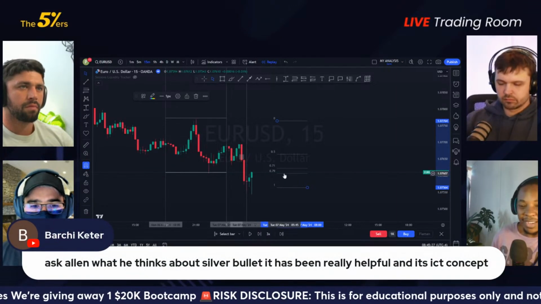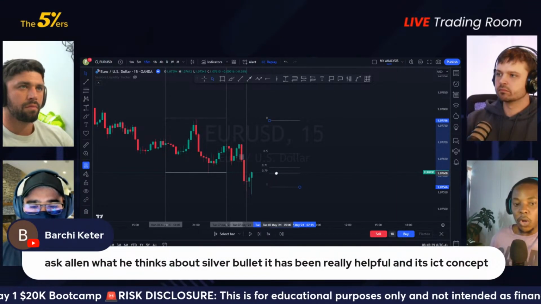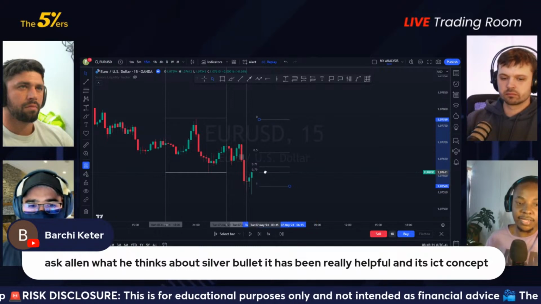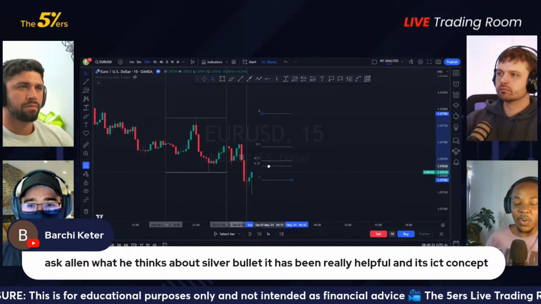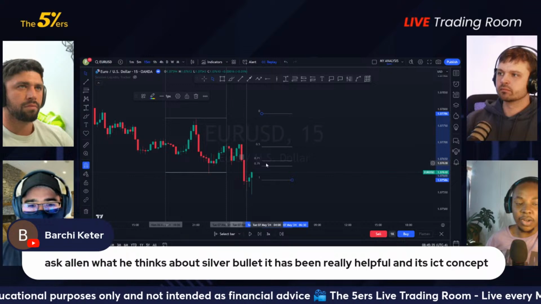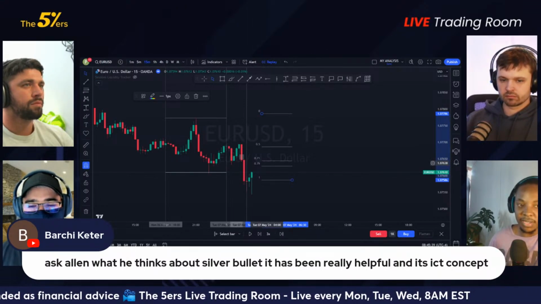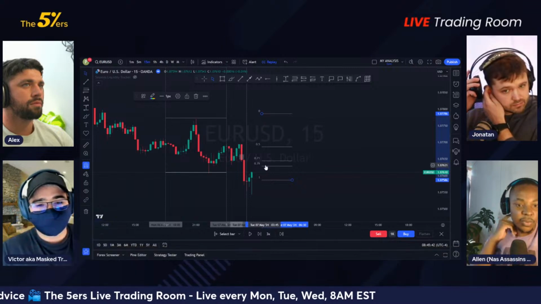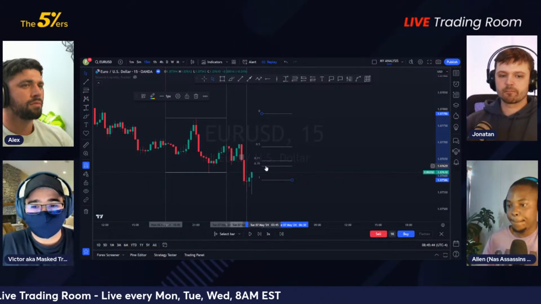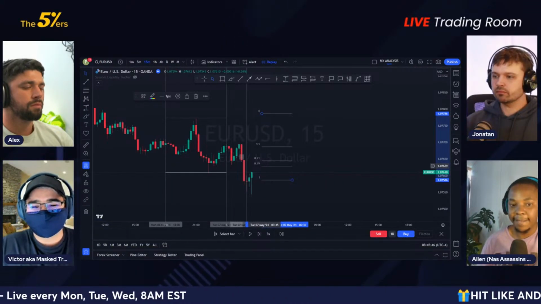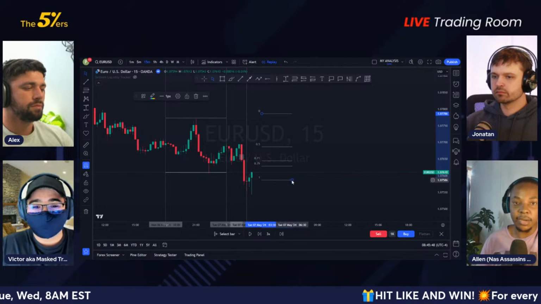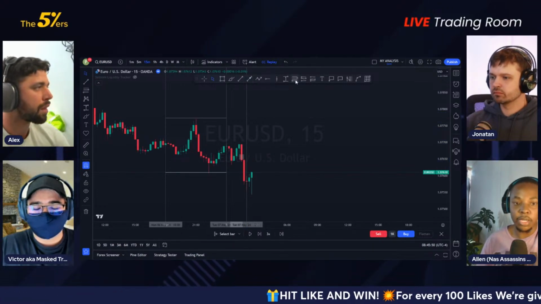This is what ICT calls an OTE setup. It's an optimum trading entry.